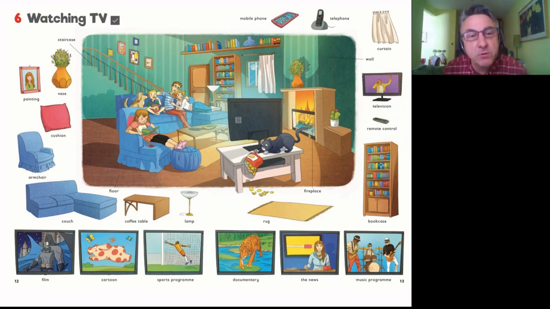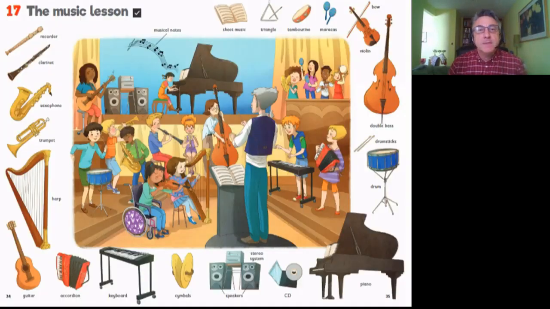I picked this one because, of course, it's a nice little lead in there to talk about things that you like to watch on telly. Films, cartoons and sports programs. Okay. Music lesson. You could do a song there. They've all got to choose an instrument as they look at the picture and they sing that song. I am the music man. I come from down your way. What can you play? And the kids all shout back, what can you play?